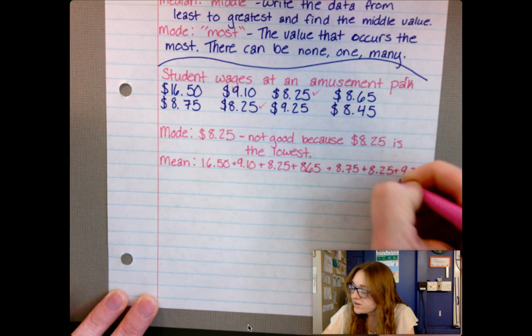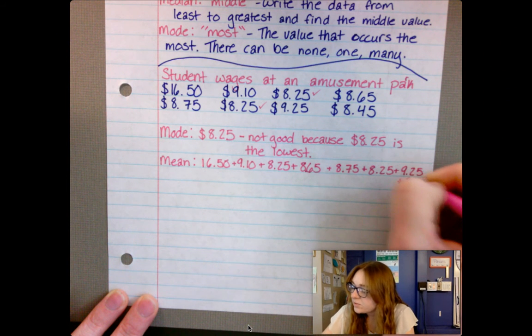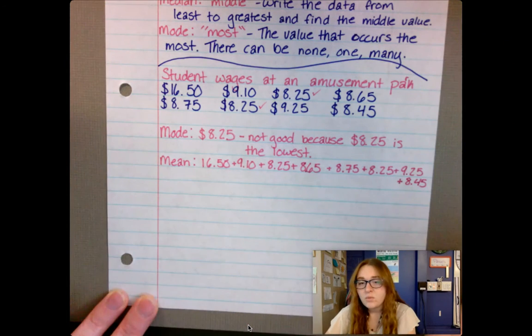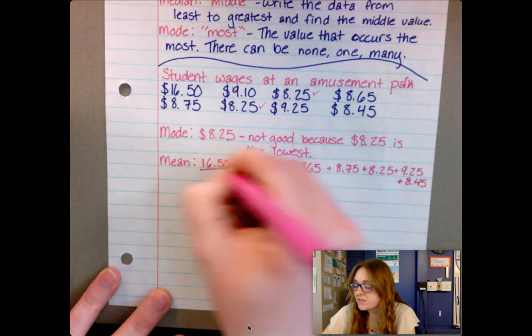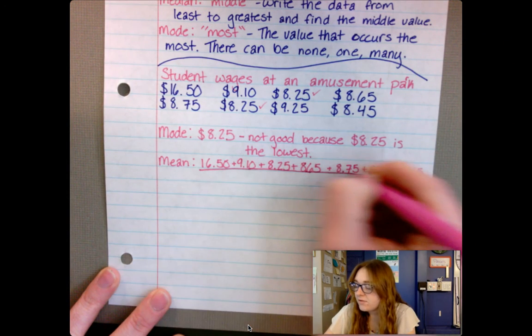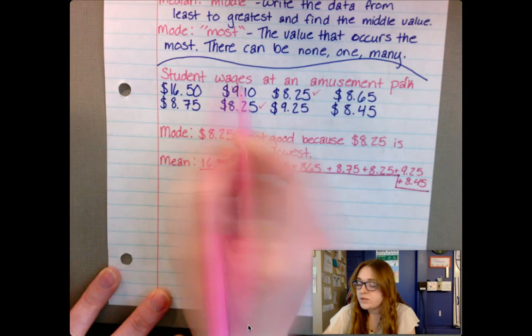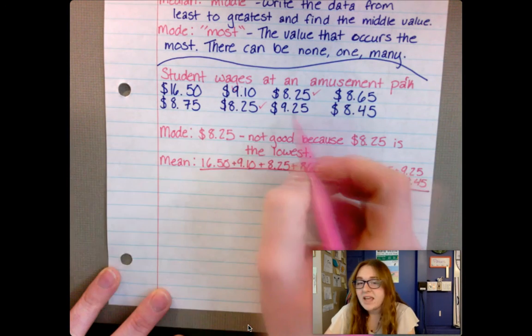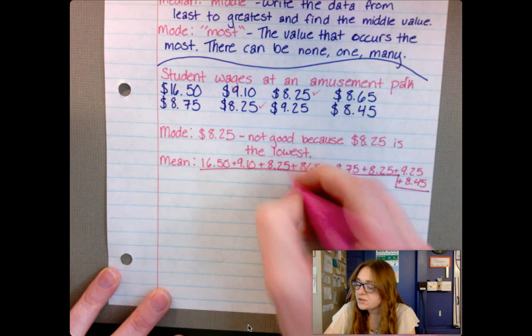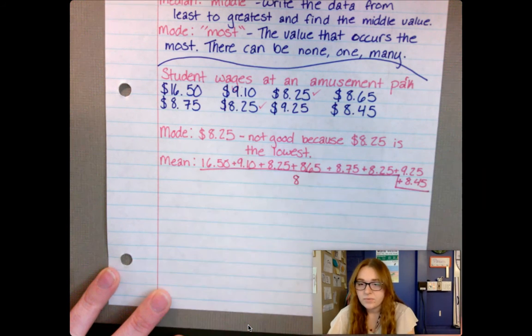I'm going to squeeze this here at the end, plus that 845. And once we get that value, remember we have to divide by the number of values in our data here. So we count 1, 2, 3, 4, 5, 6, 7, 8. We have 8 kiddos here, so we will divide by 8.